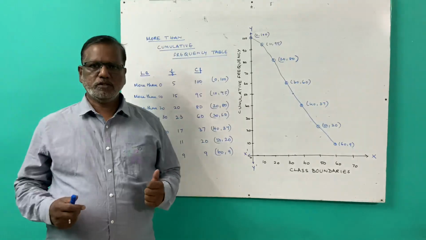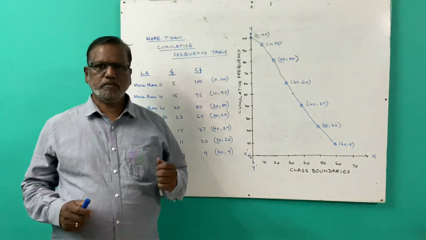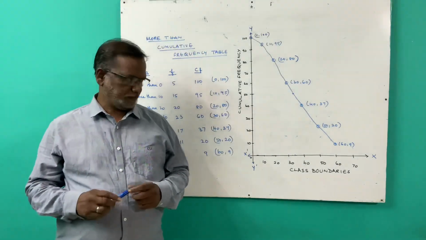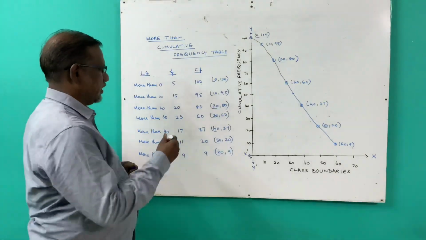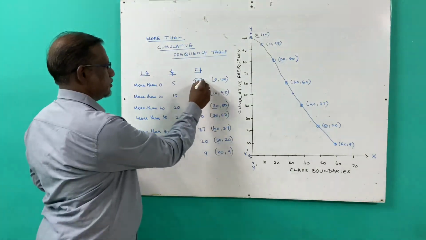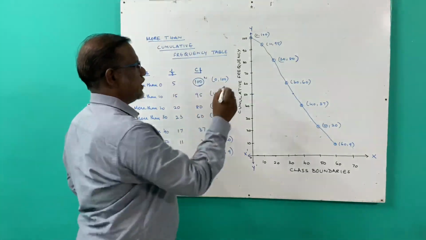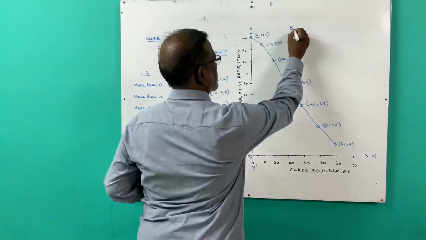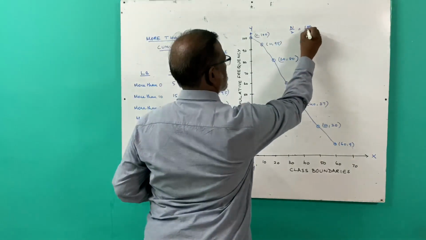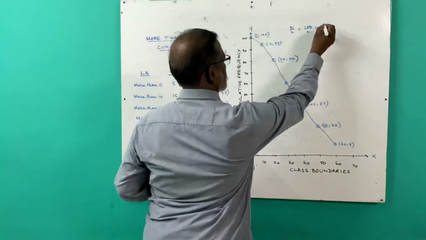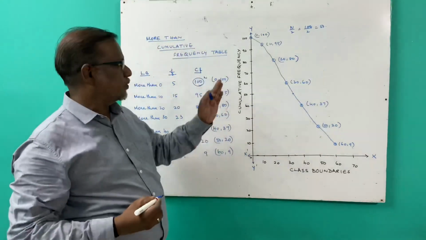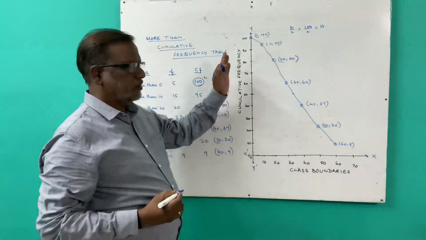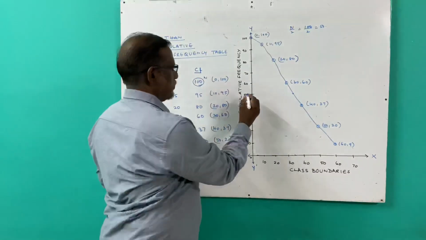Now we will find the median using the more than cumulative frequency curve. The n value is 100. Find the n by 2 value, which is 100 by 2, that is 50. Locate the 50 on the y-axis, namely among the cumulative frequency.